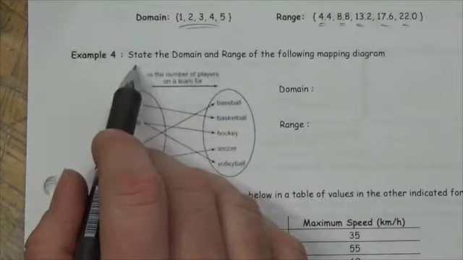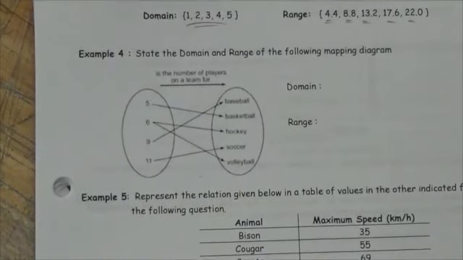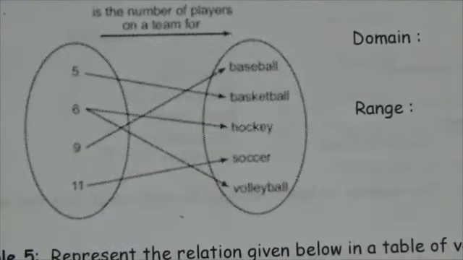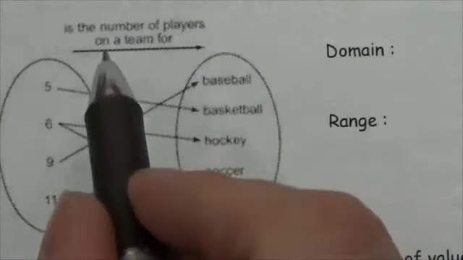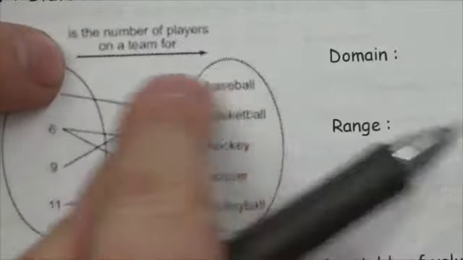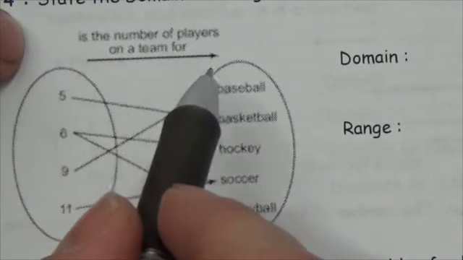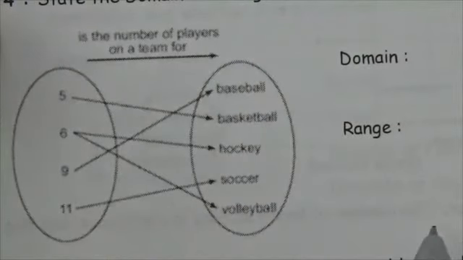Now in this example here, we're being asked to state the domain and range of the following mapping diagram. Okay, now you probably can't see that. So let's get in a little bit closer here. So this is what we got here. The relation here, remember the relation is the description of what the arrow is doing. This is the number of players on a team for, and then they give you obviously the sports here.